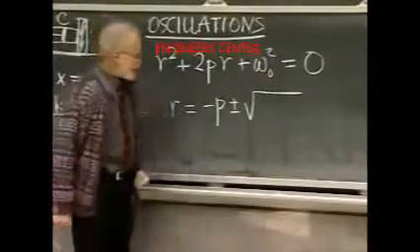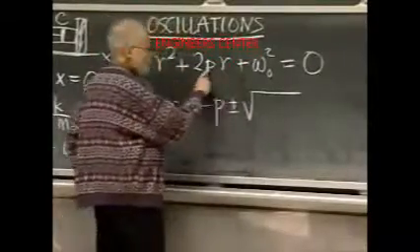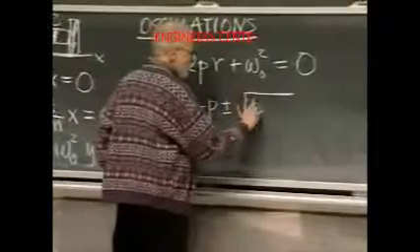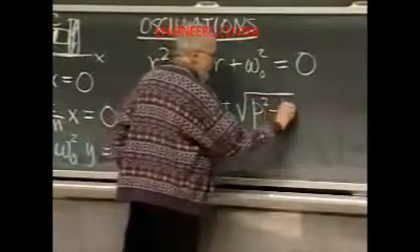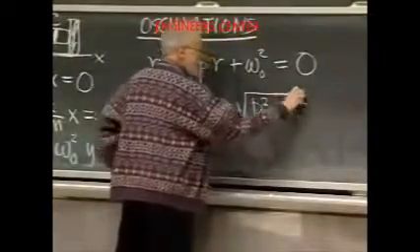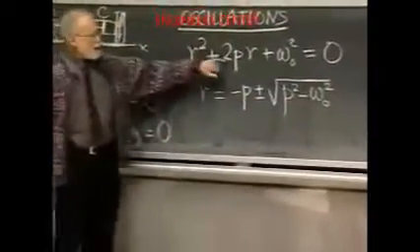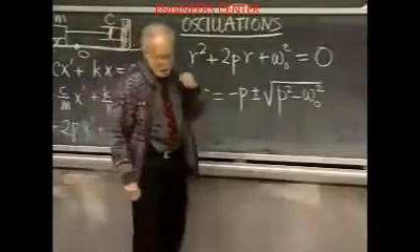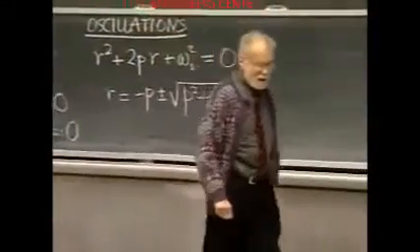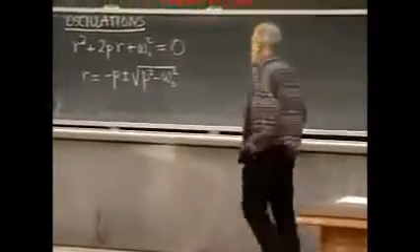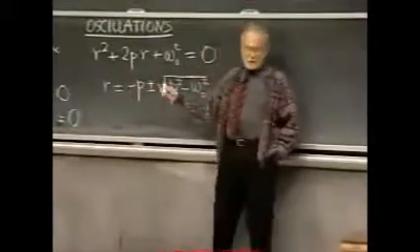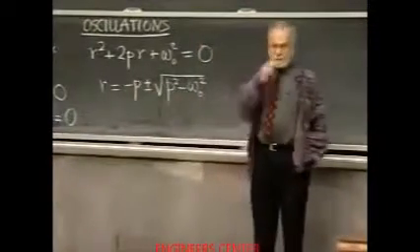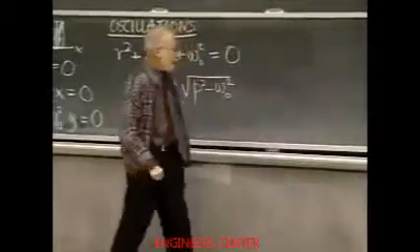So that 2 disappears entirely, and what we're left with is simply p squared minus omega naught squared. Now, whenever people write quadratic equations and arbitrarily put a 2 in there, it's because they're going to want to solve the quadratic equation using the quadratic formula, and they don't want all those 2's and 4's cluttering up the formula. That's what we're doing here.